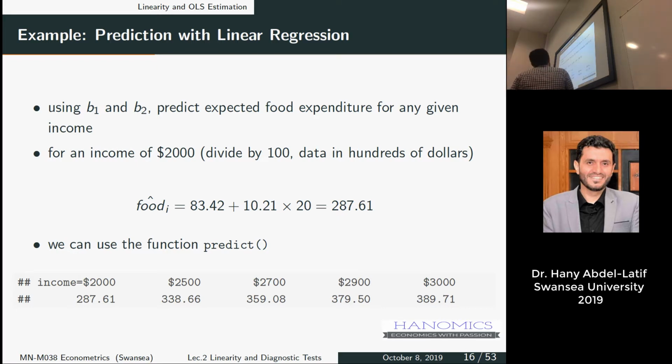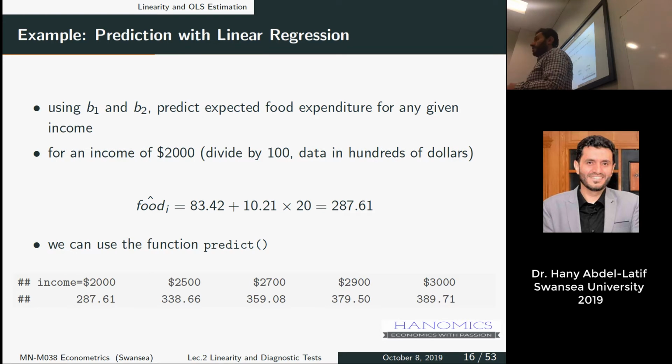In that example, we know beta 1 and beta 2, which is what we estimated. If somebody received $2,000, you divide this by $100, because we know the data is in $100, so that means they would spend $287 on food.